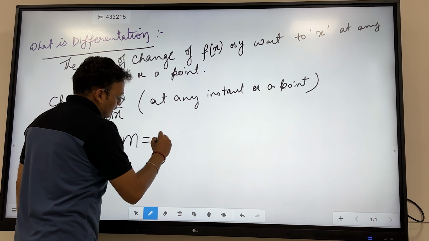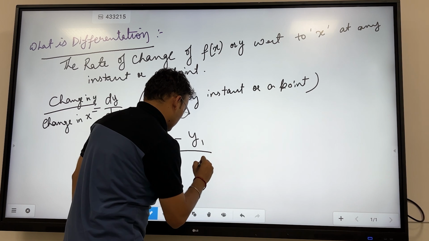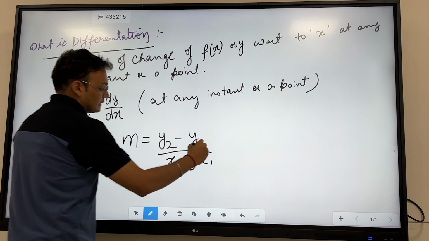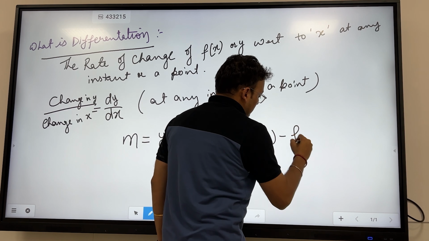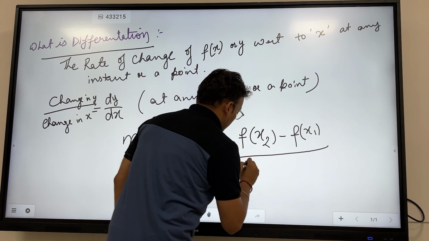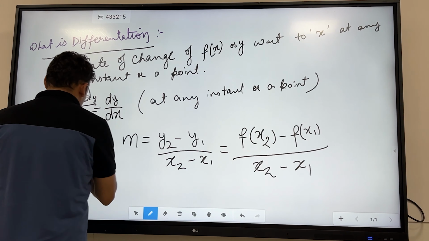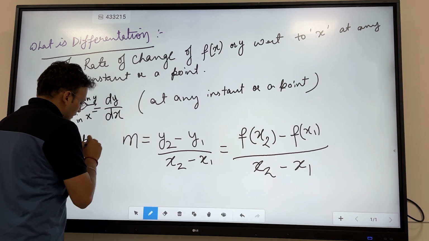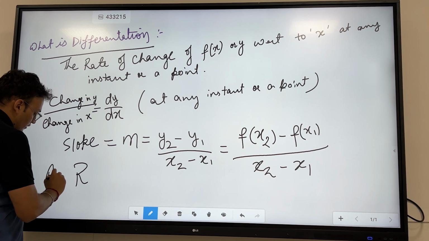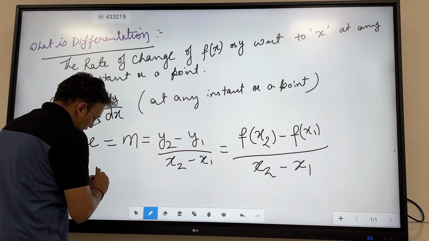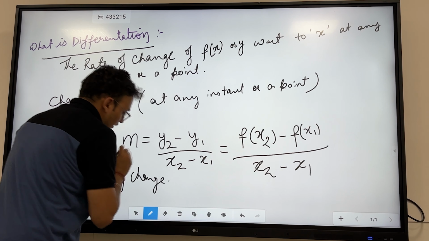Slope is y2 minus y1 over x2 minus x1, and this is also written as f of x2 minus f of x1 divided by x2 minus x1. This is our slope, and we can say it is the average rate of change, right?